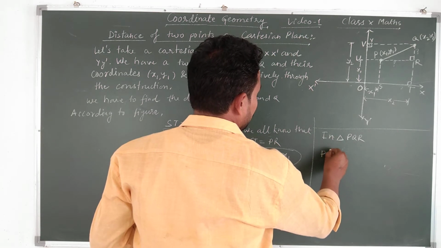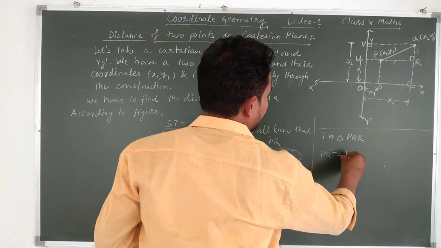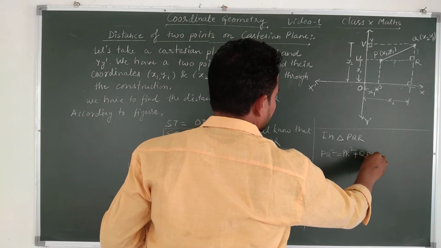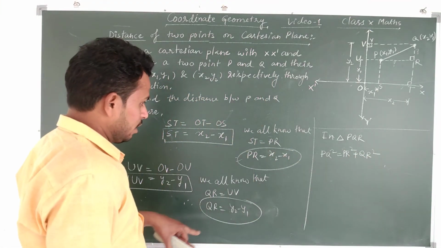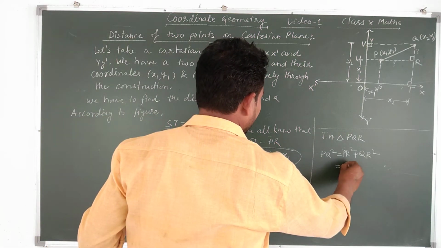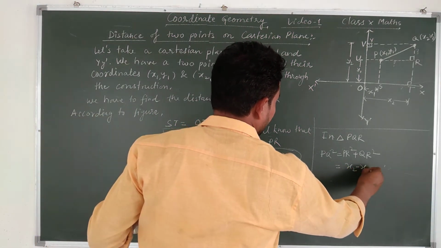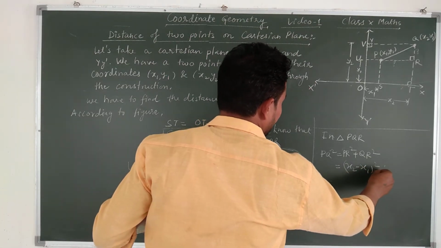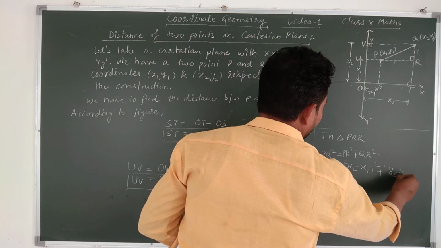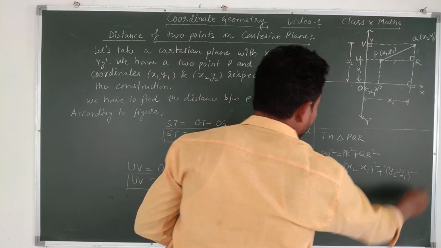PQ square equals PR square plus QR square, and we have the values of PR and QR. PR is x2 minus x1 whole square plus QR is y2 minus y1 whole square.